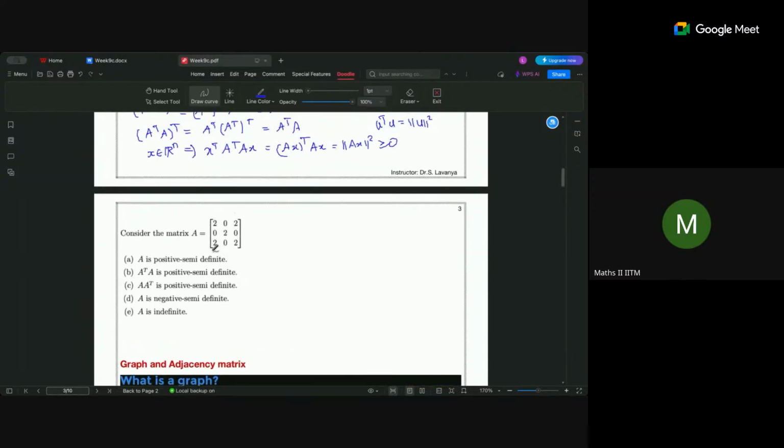Now look at this matrix. Is this symmetric? Yes or no? Yes, ma'am. Okay, it is symmetric. So how do you check whether it is positive semi-definite or not?